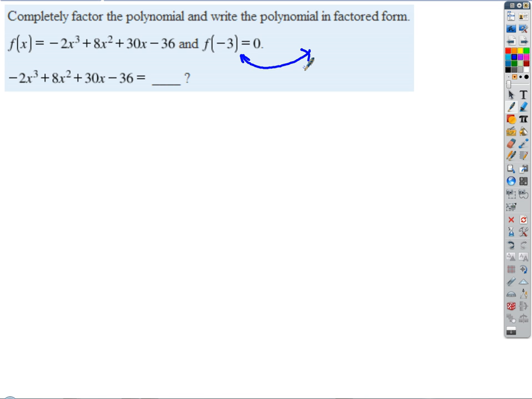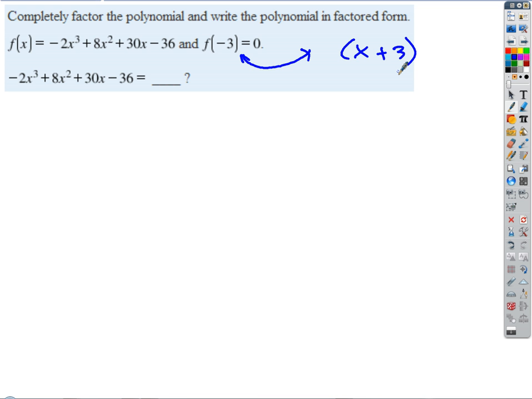See, -3 is a solution, isn't it? That's what they're telling us: if we set this whole thing equal to 0, -3 is a solution, right? That's what it means to be a 0. So, -3. So x plus 3 has to be a factor of this thing if x equals -3 is a solution, or 0, right?